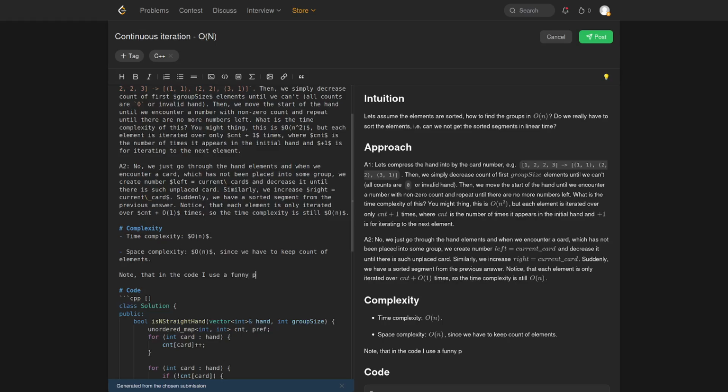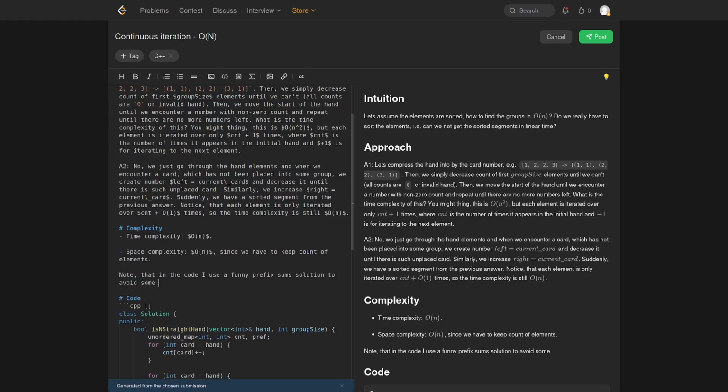Use a funny prefix, some solution to avoid some, but it has a larger constant.